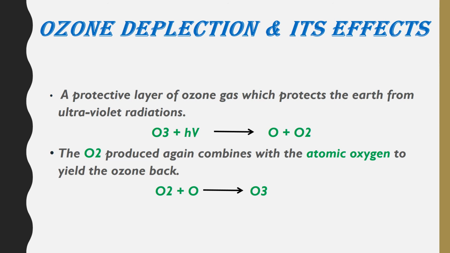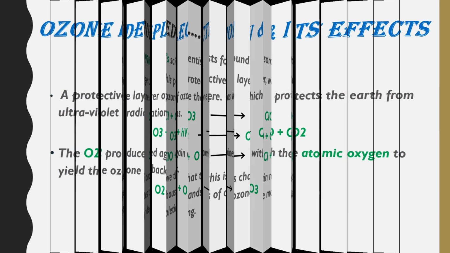When this O2 is produced, it combines again with atomic oxygen to yield the ozone back. So when O2 combines with O, it again produces O3, means ozone is formed again.